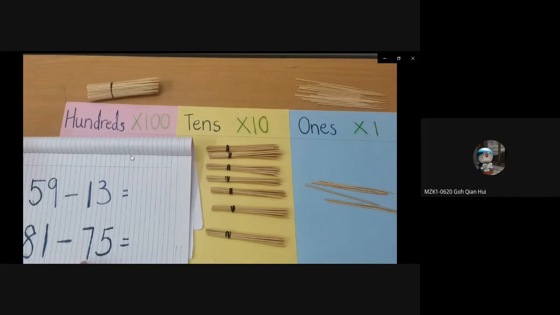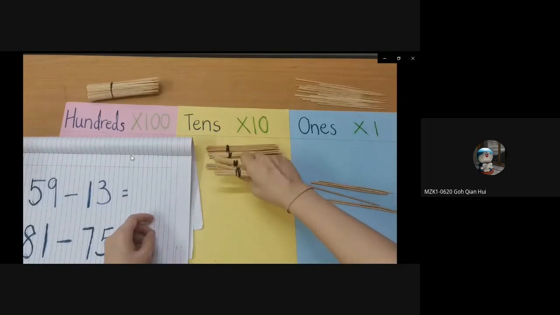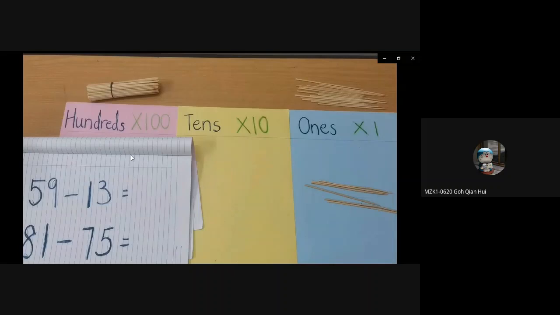So we need to take away 70, means 7 bunches of sticks. 1, 2, 3, 4, 5, 6, 7. So now we can count how many sticks left, and it is the answer. 1, 2, 3, 4, 5, 6. So the answer is 6.